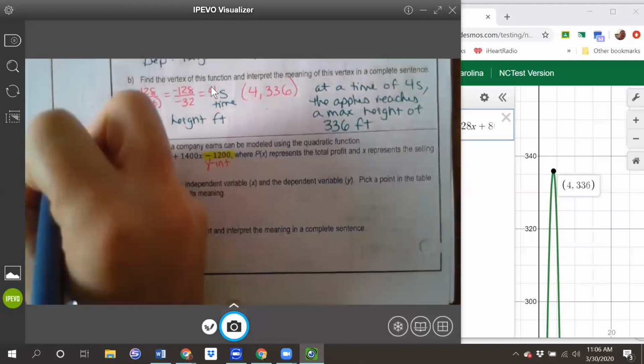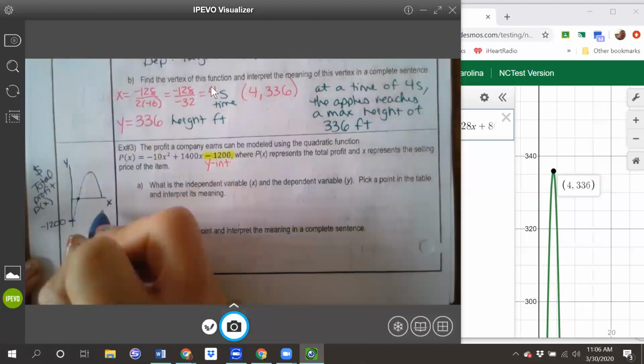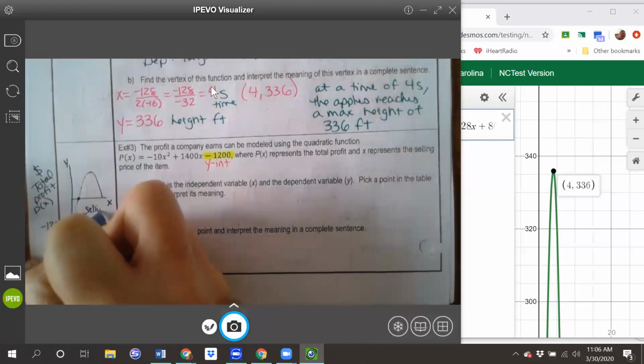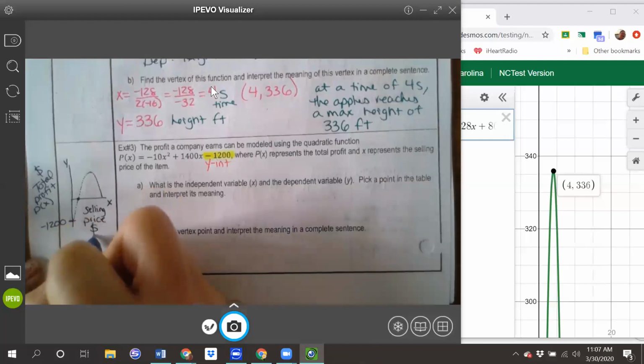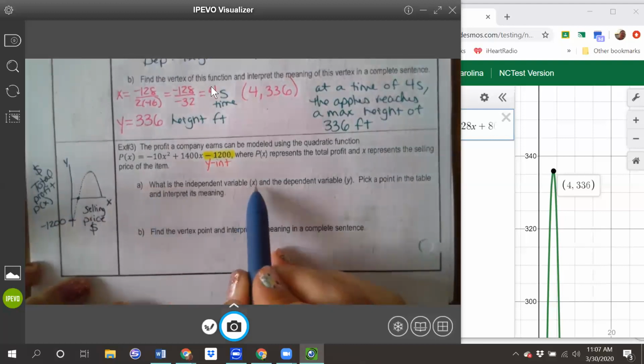So total profit here, X's, those are Y's. X's represent the selling price of the item, and that is also money. Okay, so what is the independent X variable?